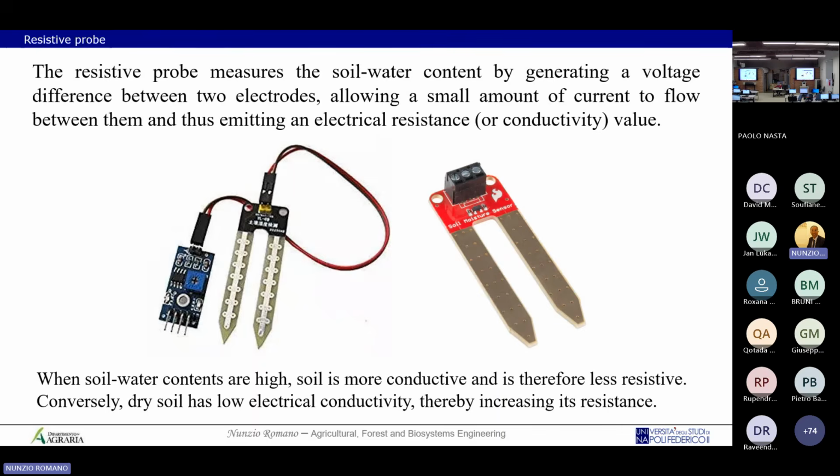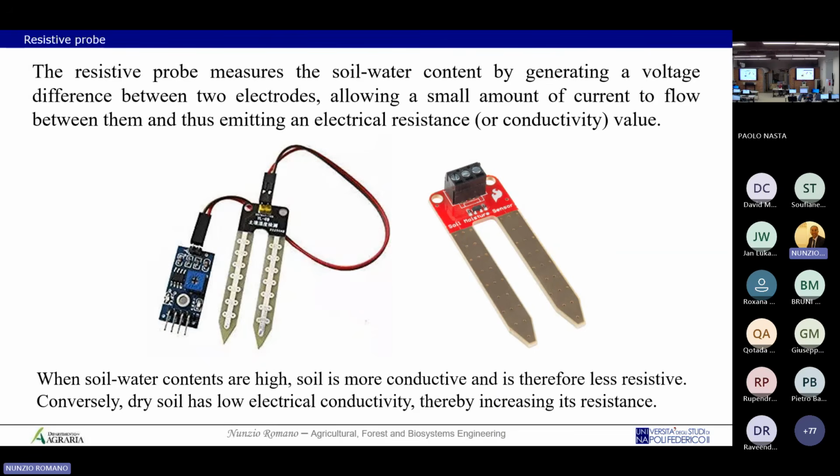From what I can see, this kind of sensor gives you a rough idea, from my point of view, only of whether the soil is wetter or drier. It is not very useful if you want to quantify the amount of water in the soil system and the soil water content.